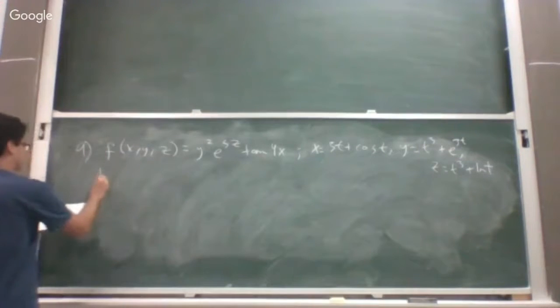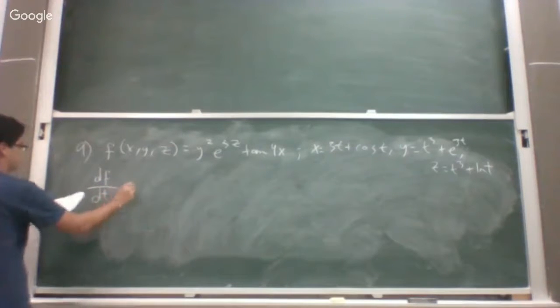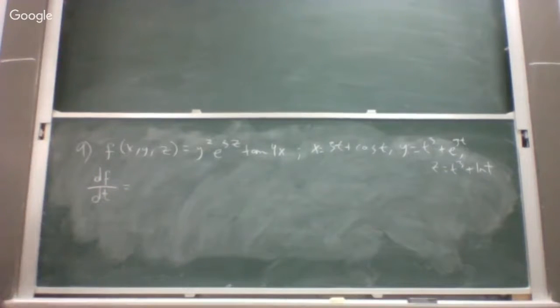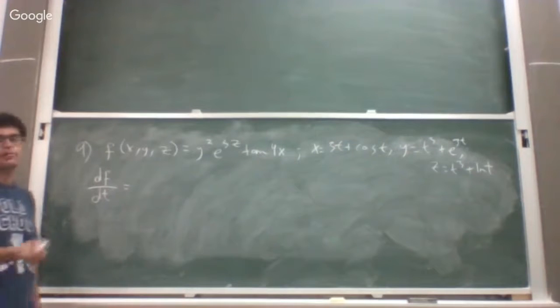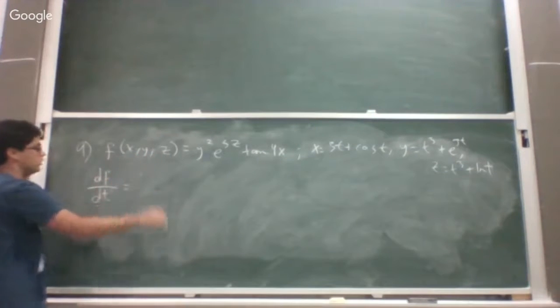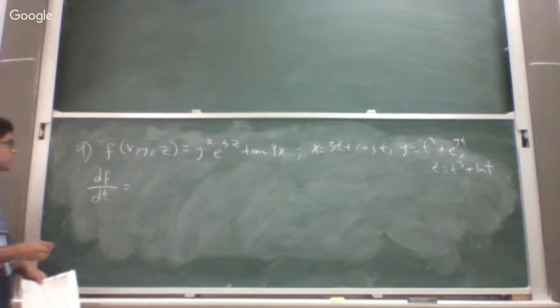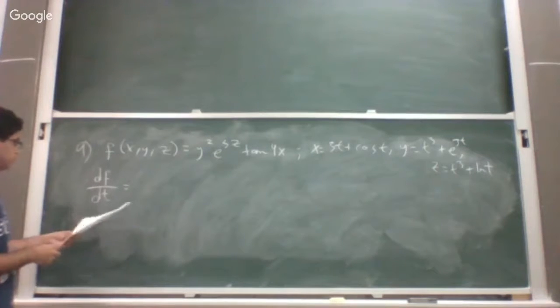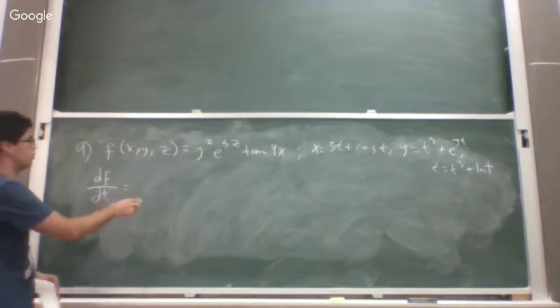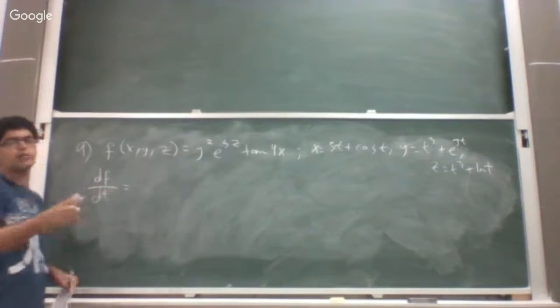We need to take the derivative of f with respect to time. Now, f is not a function of time, but x, y, and z are. So we need to do essentially the chain rule. Another way to think about it is the tree diagram they showed in class. Each of them is made of 3 components, one involving x, y, and z, and we add them.